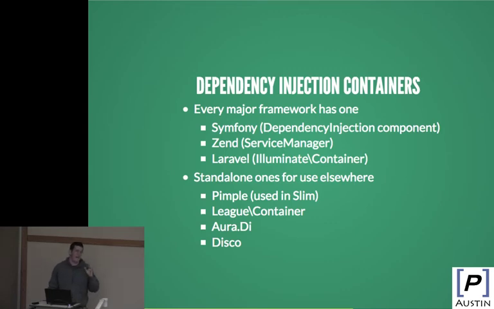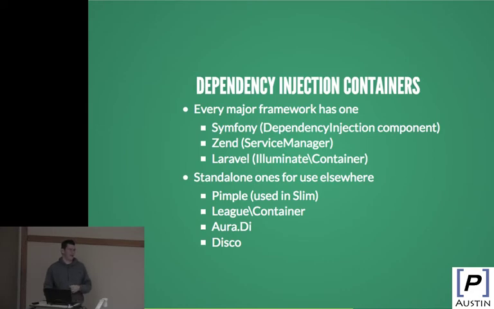And you have containers that are specific to a given framework. For example, Laravel's IOC container, Symfony's dependency injection container, which is significantly more amazing these days than it used to be. Zend Service Manager, you can pull it out into its own thing, but realistically you're probably going to be using that in either Zend Framework or Expressive. And then you have these third-party dependency injection containers that sit on their own, and can be added into a framework or into no framework if you're working on older code.